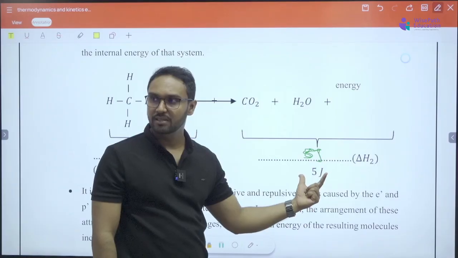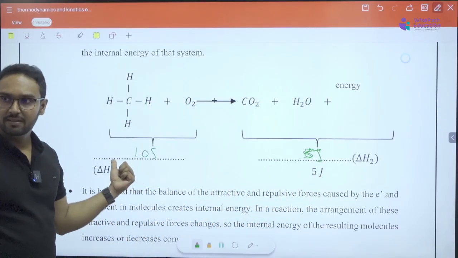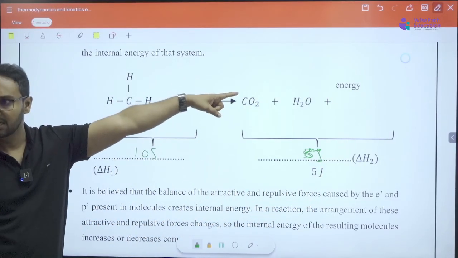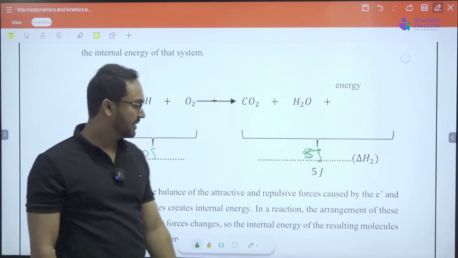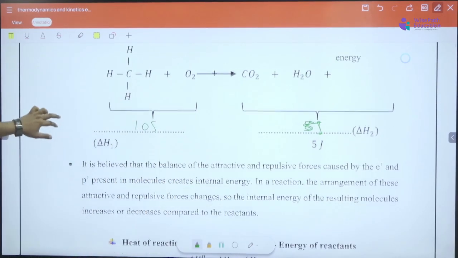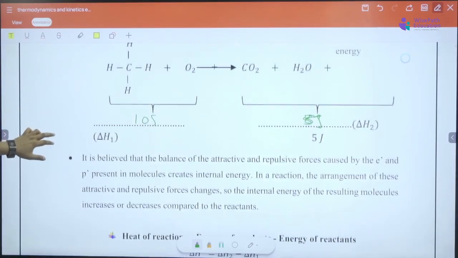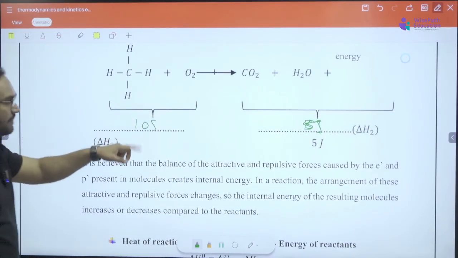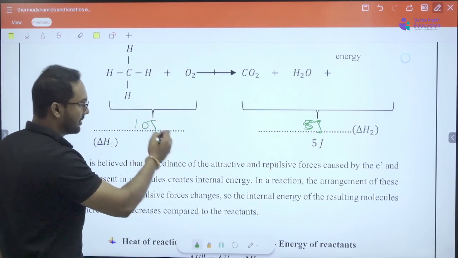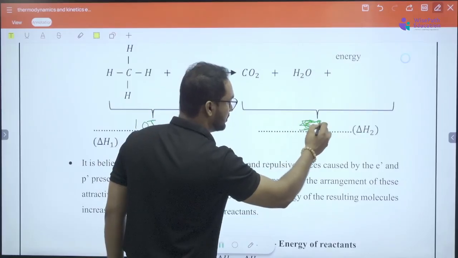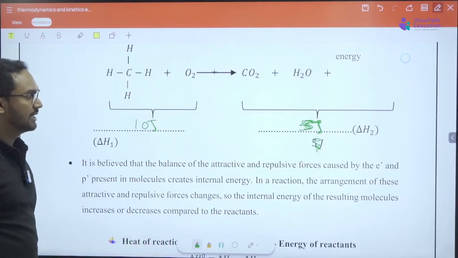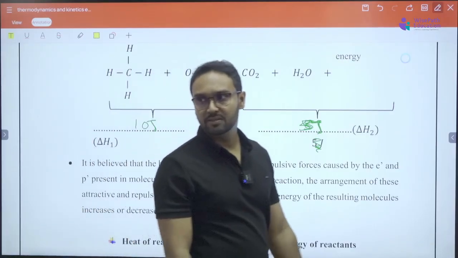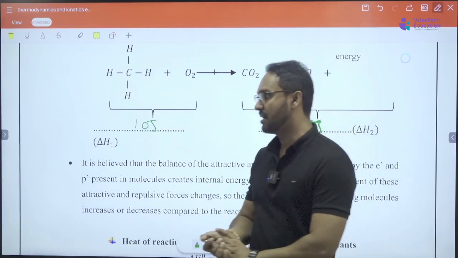Now what happened to the other 5? That is the energy release, and that's an exothermic reaction, right? Can you feel it? If I take 10 joules, and this is 5 joules, the 5 joules of energy is released, and it's an exothermic reaction.